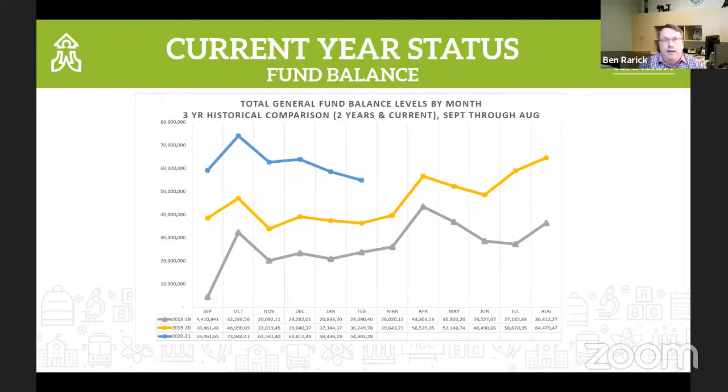Okay, so I can help a little bit with that. The first thing is that as a general proposition, I don't really think it matters which school district you're in. Expenditures are always going to come in lower than budget.